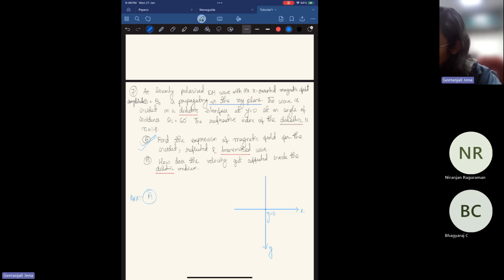And the angle of incidence, let us say, this is the angle of incidence theta I, which is 60 degrees. And N1 is already given, 1.8.